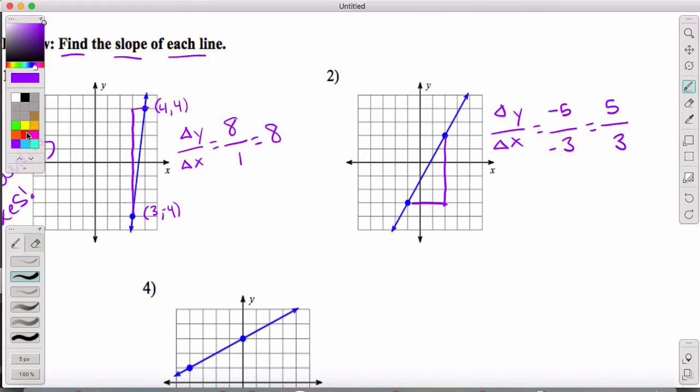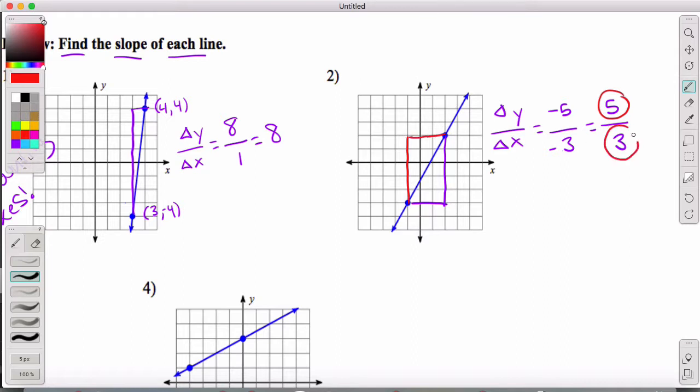Now I'm going to show you that this is true, because if we were to work it the other way, the way that I did it in number 1, starting at this bottom, first coordinate point, and changing my y and my x, we'd see that we're going to count up, going up the y-axis. So 2, 3, 4, 5. There's my positive 5 right here. Then I'm going to move to the right on my x-axis. 1, 2, 3.